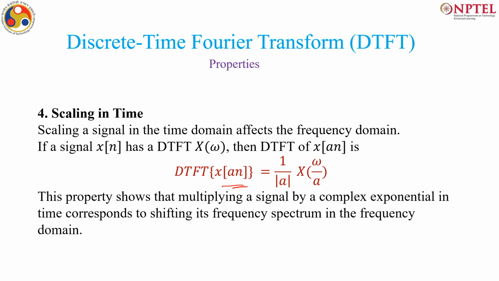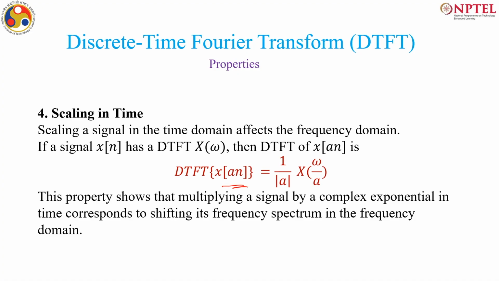If a is greater than 1, that means we are doing a downsampling operation, picking say every alternate sample, skipping some samples. This is called a downsampler. The downsampling creates a spectra related to the original spectra by 1 by mod of a times X of omega divided by a.